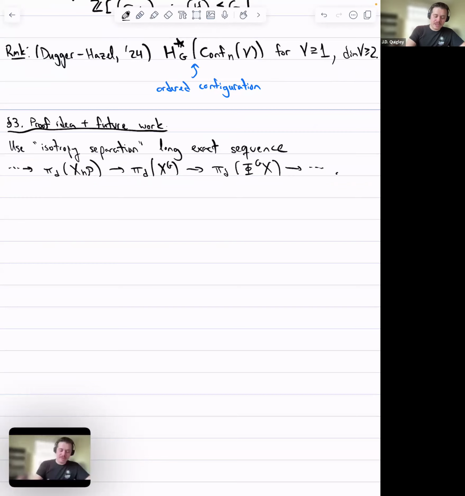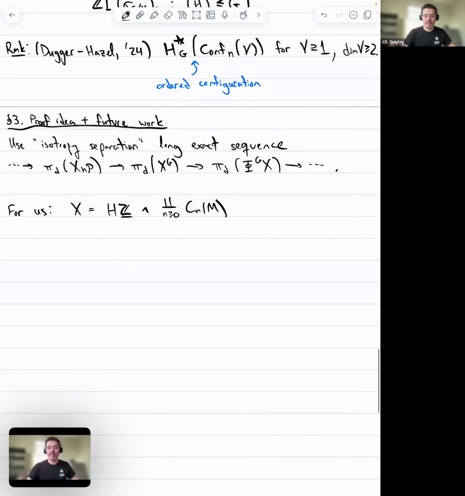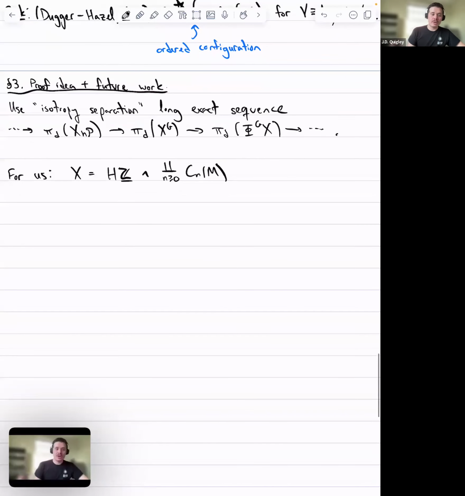Okay, so for us, what is X? X is going to be an equivariant Eilenberg-MacLane spectrum for coefficients in the constant Mackey functor Z, smashed with the disjoint union over n of C_n of M. So by the way, this disjoint union over n of C_n of M is just the space of all configurations of any number of points in M. Okay, so what are all these terms?